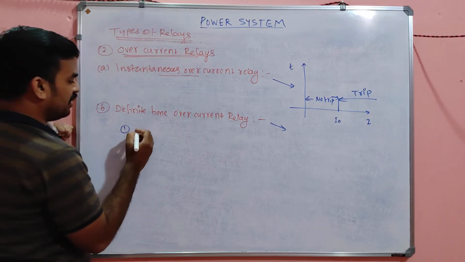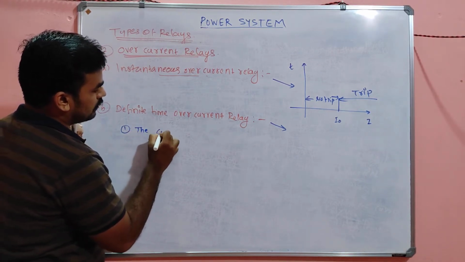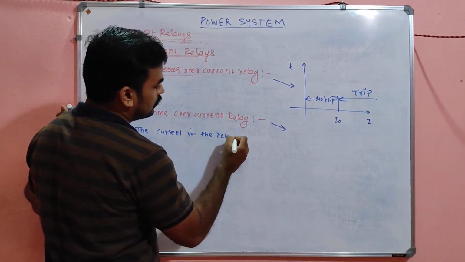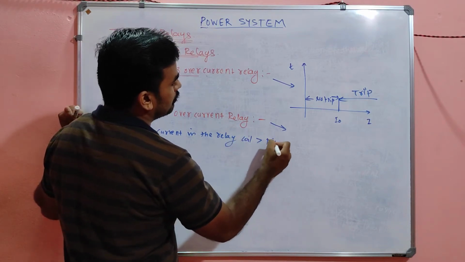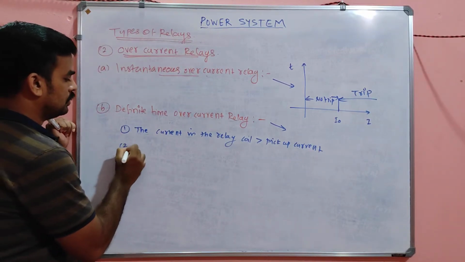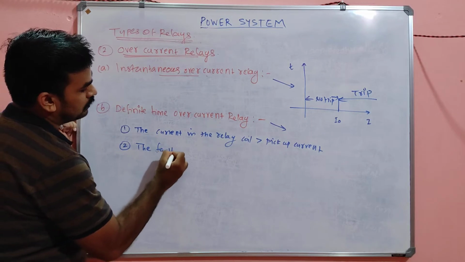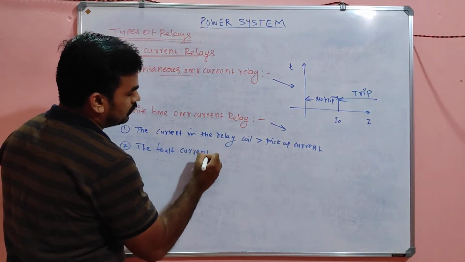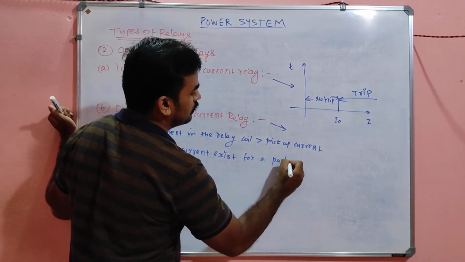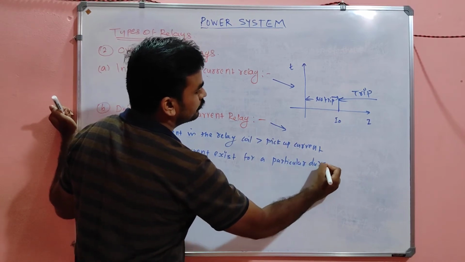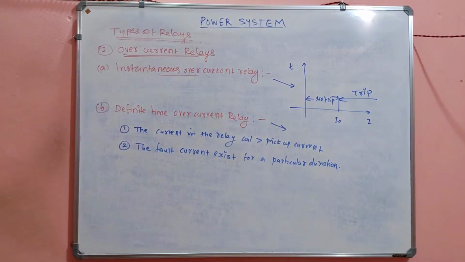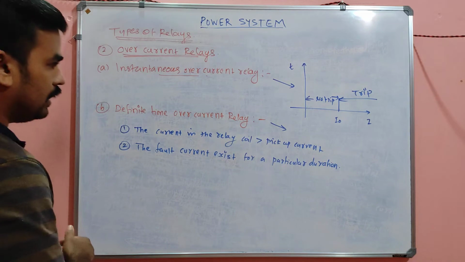First condition is that the current in the relay coil is greater than the pickup current, and the fault current exists for a particular duration. The fault current exists for the particular duration. Then only that type of relay will operate.